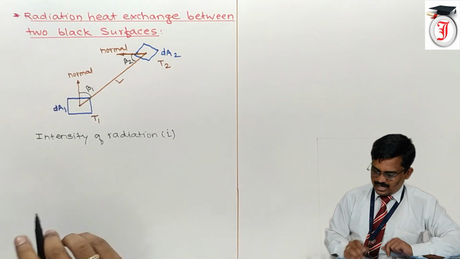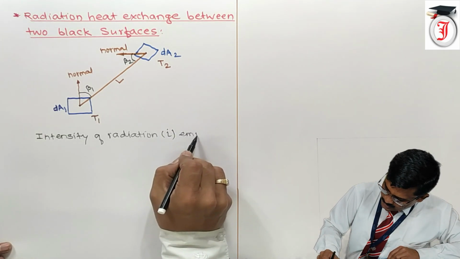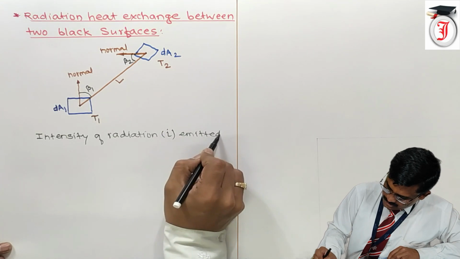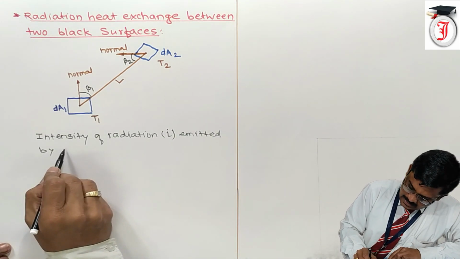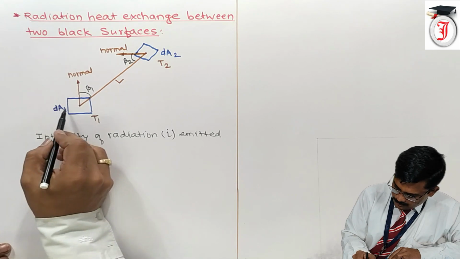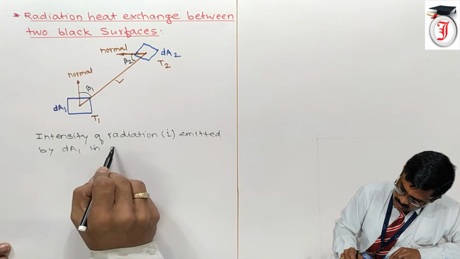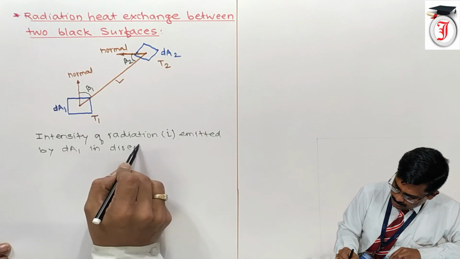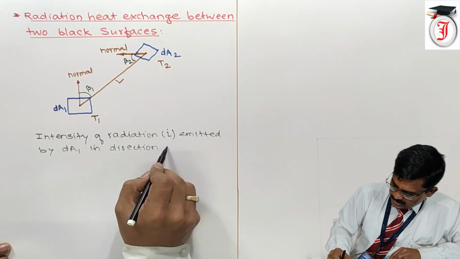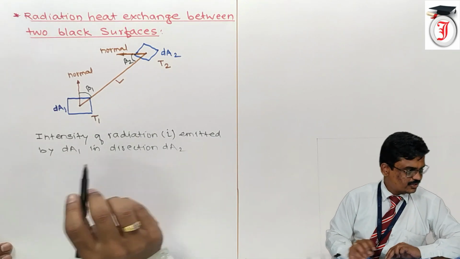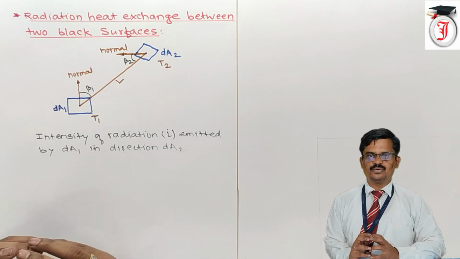Intensity of radiation I emitted by surface dA1 in the direction of dA2.